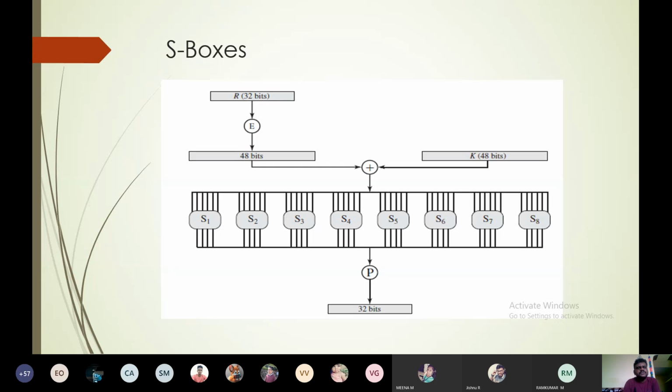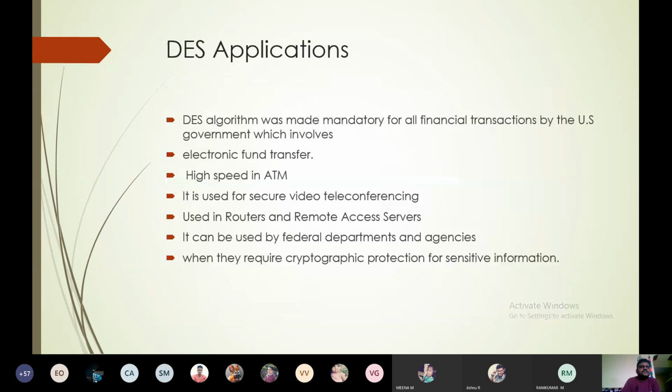Where are these applications used? What are the real-time applications of DES? These are some of the real-time applications. First one is financial transactions by US governments. We also have financial transactions through online payment, Google Pay, Phone Pay, net banking, etc. This algorithm is a basic encryption technique in those transactions: electronic fund transfers, online transactions, net banking, Phone Pay, and Google Pay.